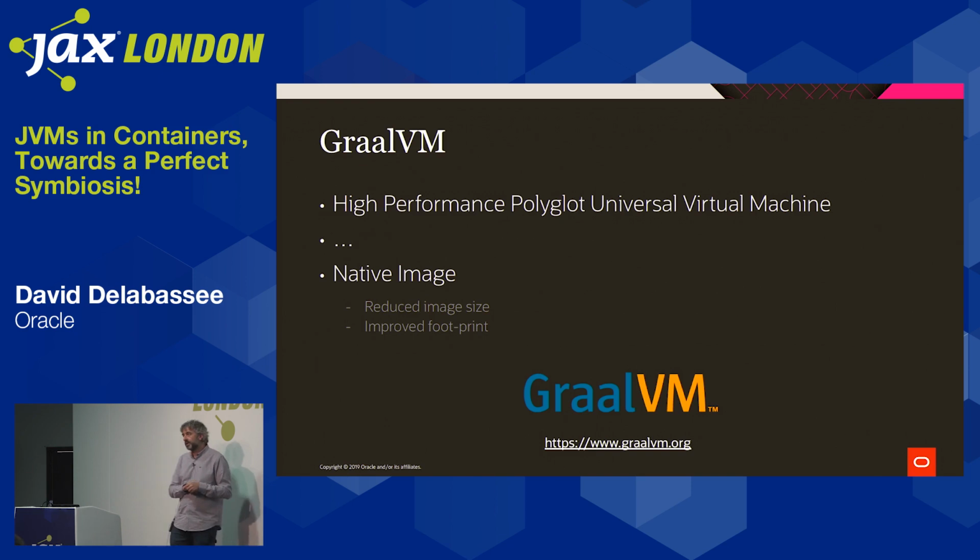VM. So the native image capabilities basically give you the ability to take a Java application and ahead of time compile it into a native executable. The benefit is that the executable will not need any external dependency like a virtual machine to run.